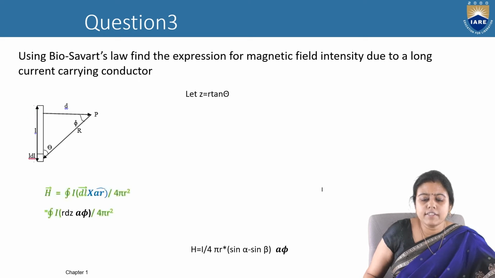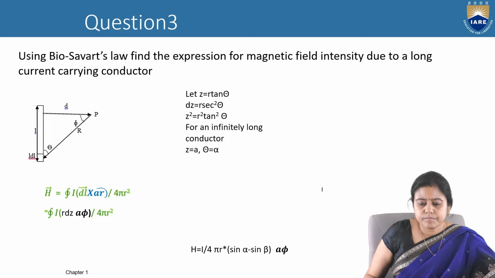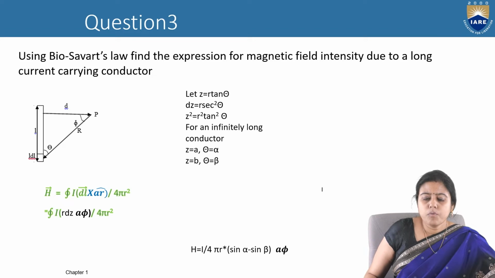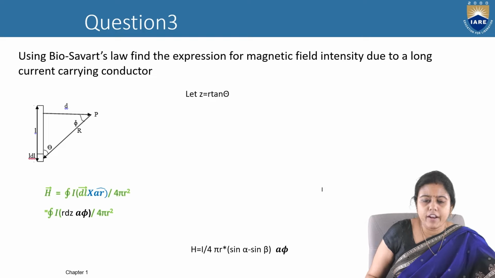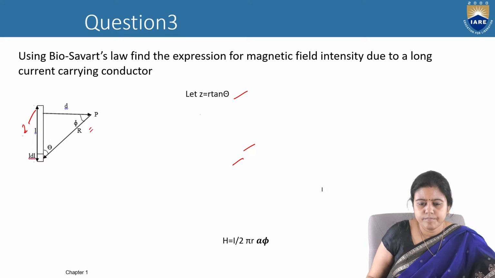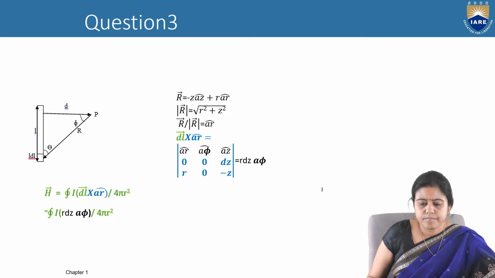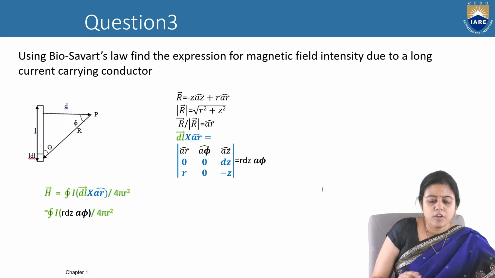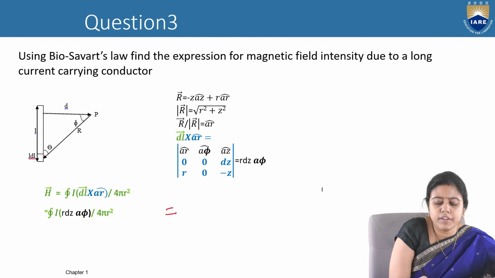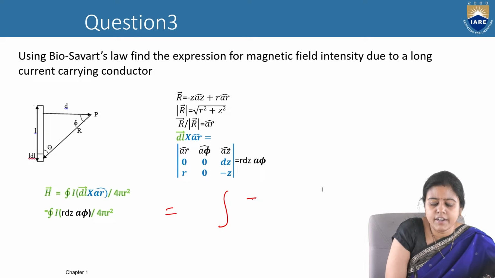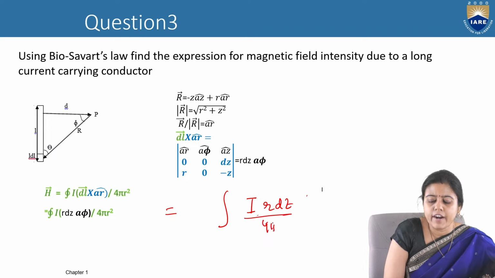Now we are putting the values in the equation. So we are keeping the value here, the integration of I r dz divided by 4 pi R square.